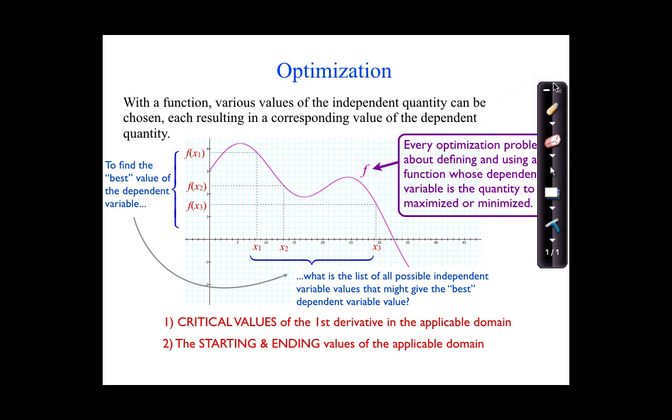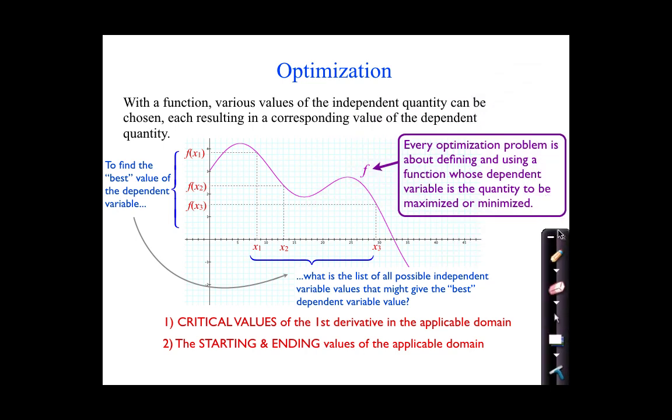But in the end, here we go. Every optimization problem is about defining and using a function whose dependent variable is the quantity we're trying to maximize or minimize. So the key to all of this is starting out by making sure you understand what the function is, if it's given to you.